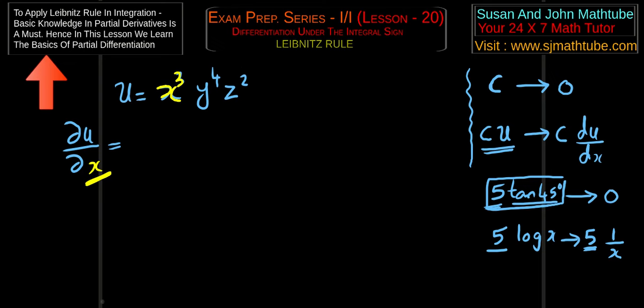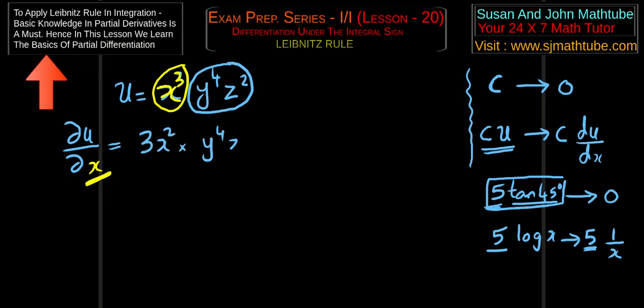And remember, this is a product, it's not a sum. So I hope you are able to see constant multiplied by a function. Or in other words, the answer will be 3x square times y to the power 4 z square, because I kept the constant as such and differentiate the variable part.